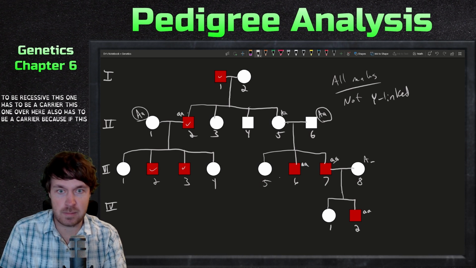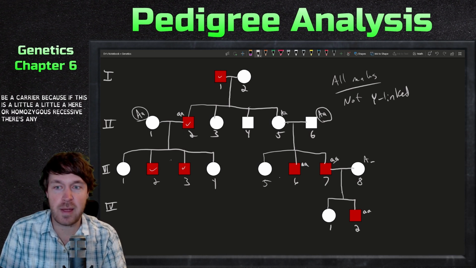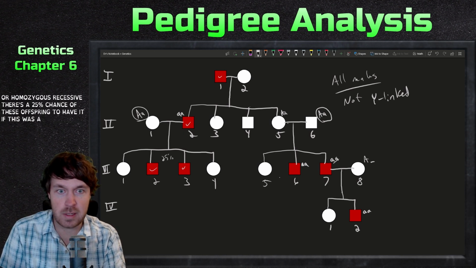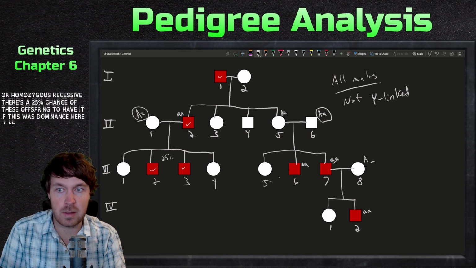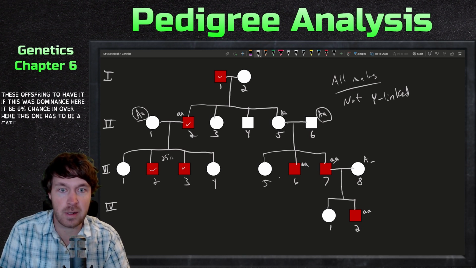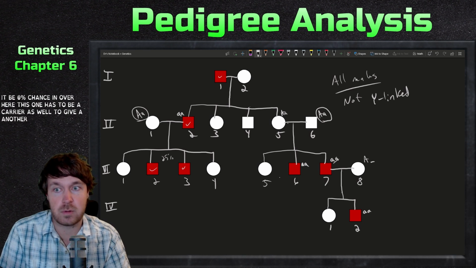Because if this is little a, or homozygous recessive, there's then a 25% chance of these offspring to have it. If this was dominant here, it'd be 0% chance. And over here, this one has to be a carrier as well to give another 25.